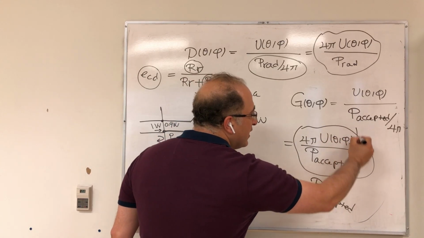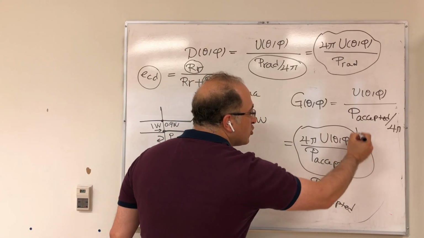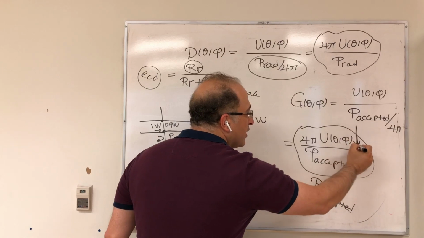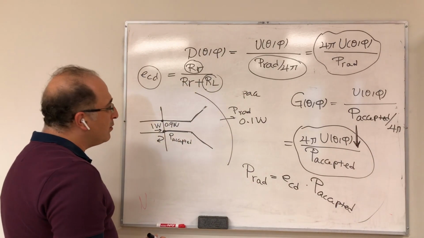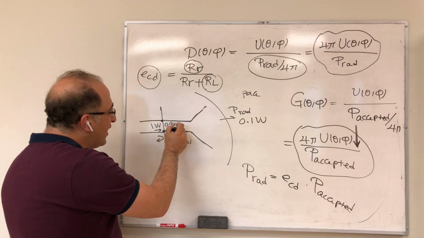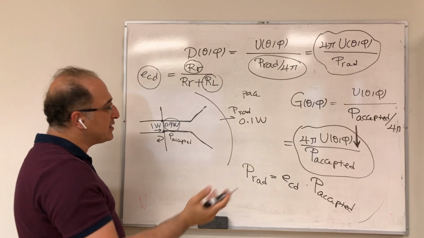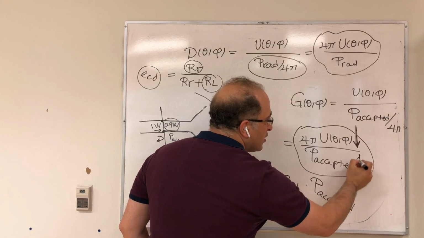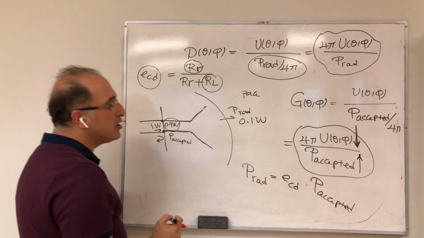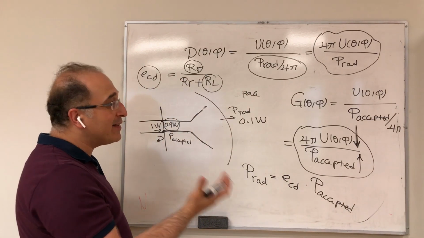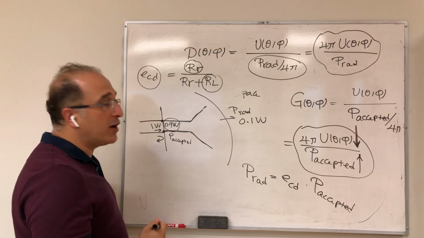U(theta, phi) is small. I'm using this arrow to show this is small. So this is small, but then the power that your antenna accepted is not small, it's actually large. So this is small, this is large, so you end up with low gain. That tells you that your antenna doesn't function well.